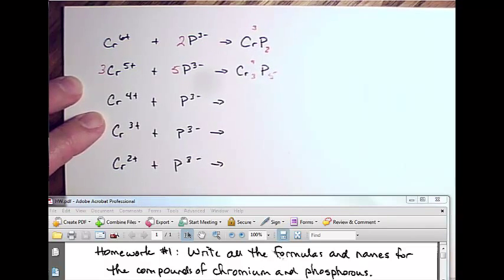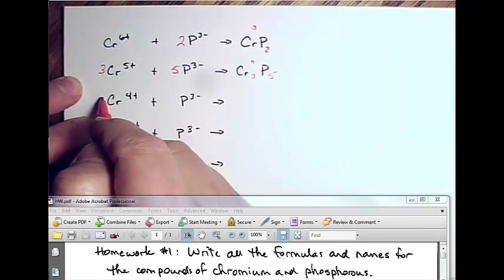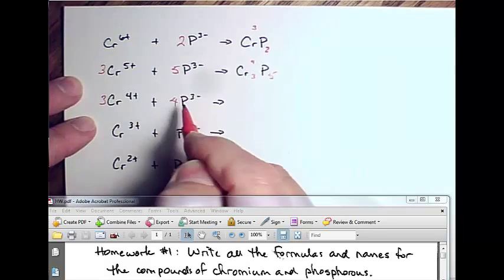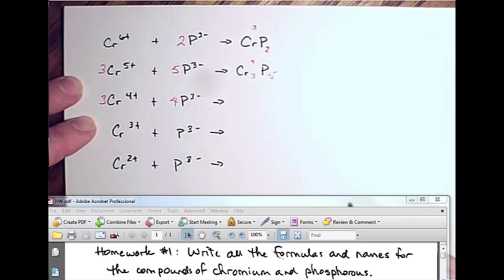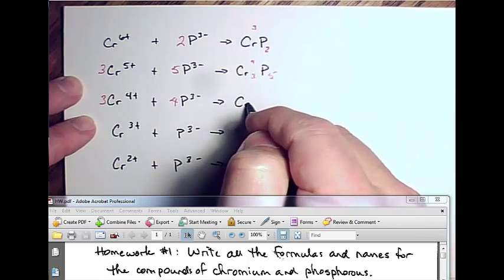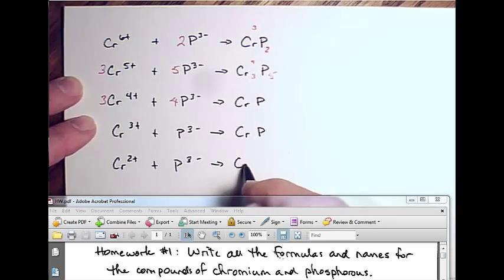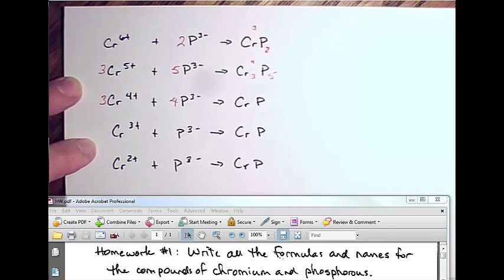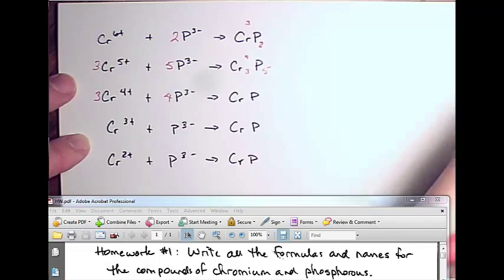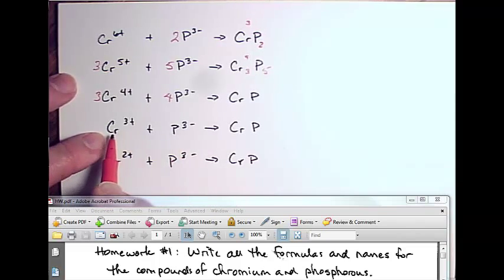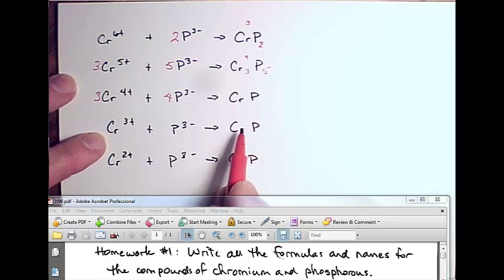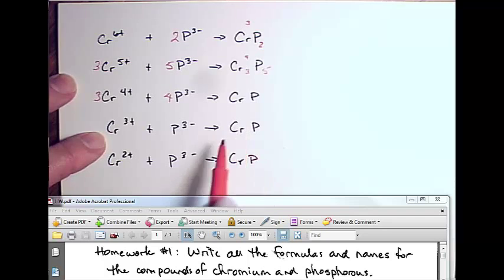Alright, so this one I need 3 of these and 4 of these. So there's 1 and 1 of these, so that's the correct formula there. You only need 1 and 1.